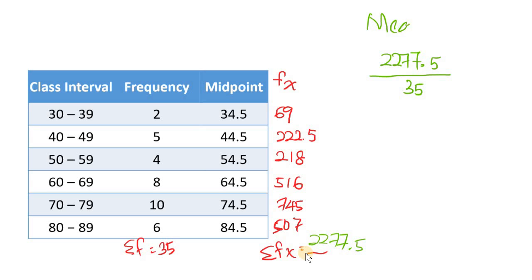After I divide, I get the answer 65.07. Same thing for decimal values, you must always keep 2 decimal places. Don't forget to keep your answer in 2 decimal places if you have a decimal answer. This one is important.